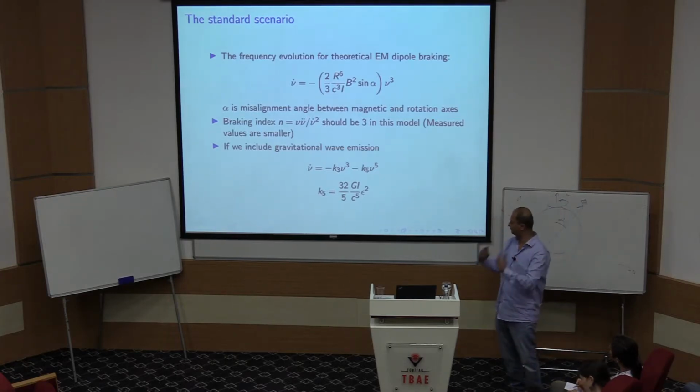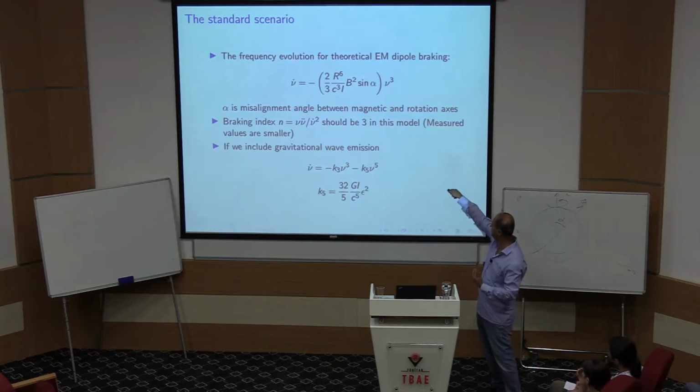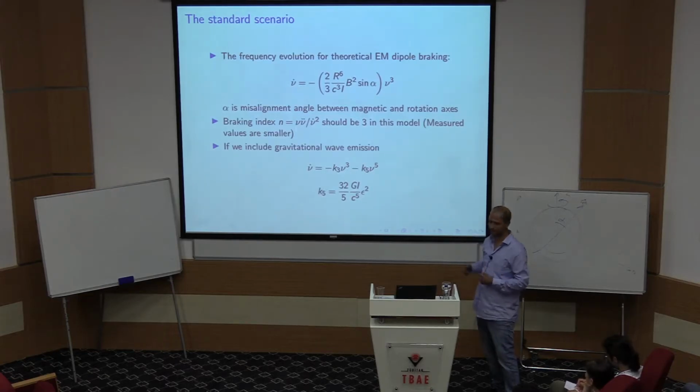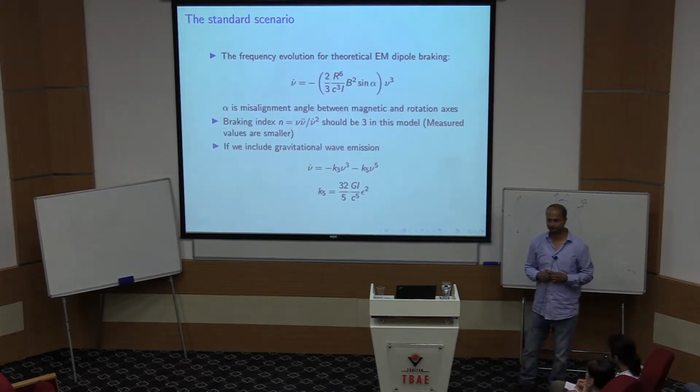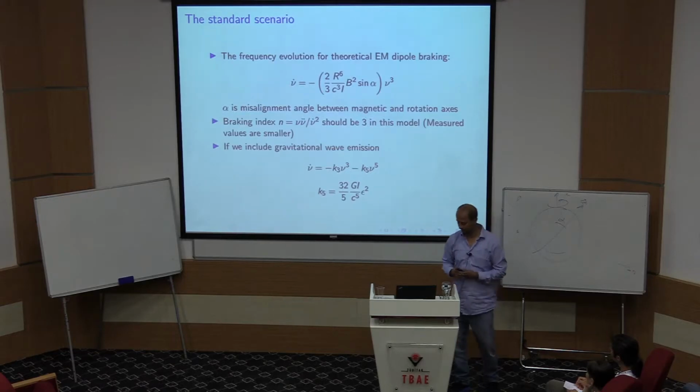And now the actual emitted amplitude depends on this combination of parameters: the magnetic field, the radius, the moment of inertia, and of course the ellipticity as well. That determines this K5. Okay? So this is the canonical model that you should keep in mind.